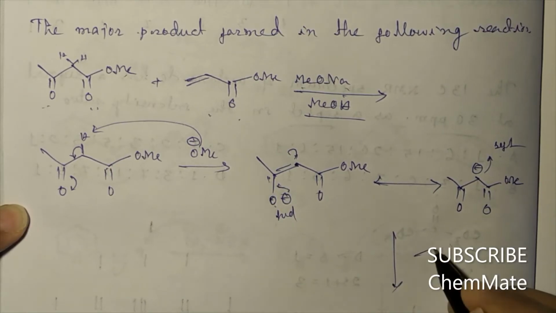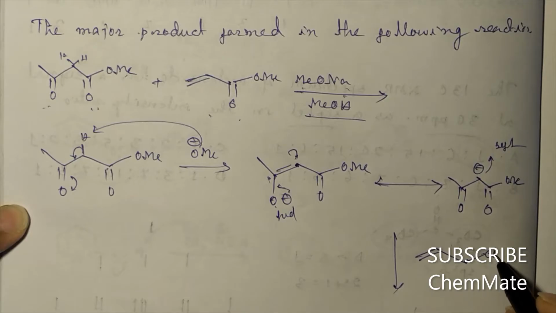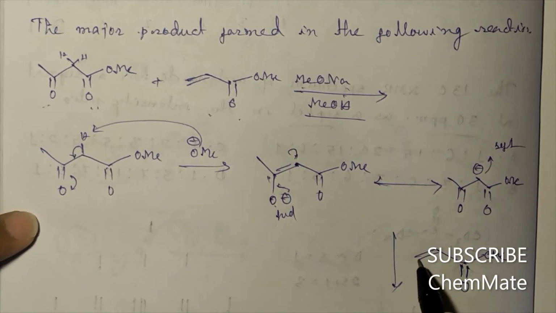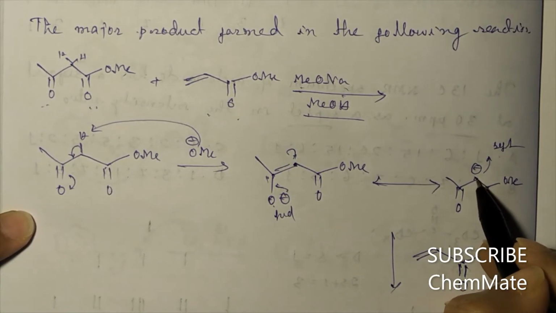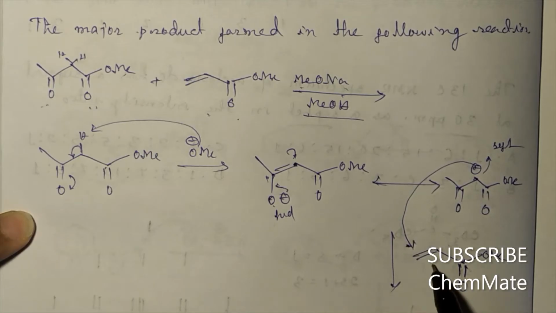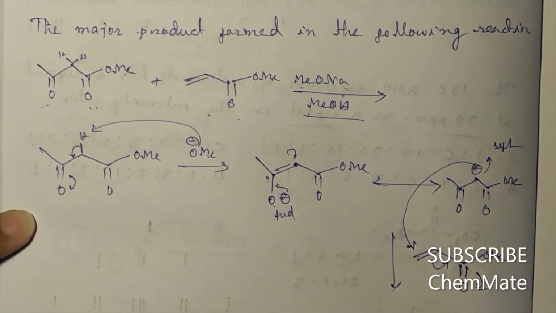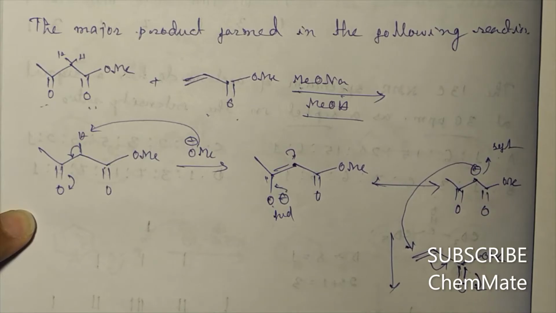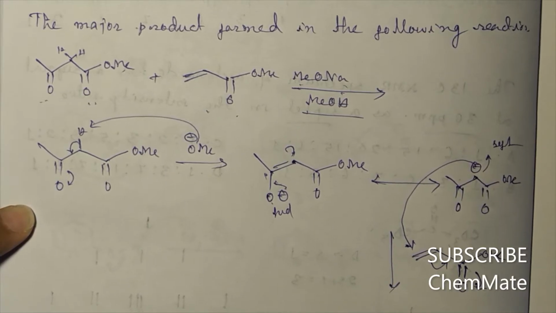Now in presence of an alpha beta unsaturated ester, one pot addition will take place, that is, this soft center will attack this position. If it attacks here, then this will be formed.